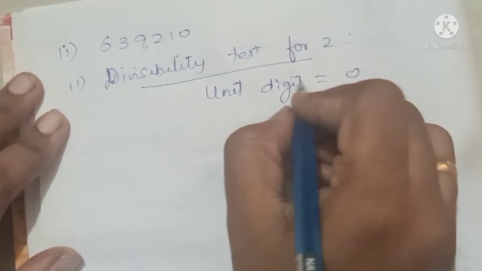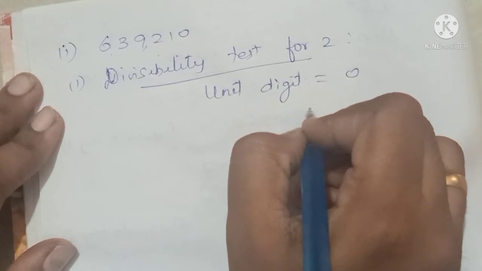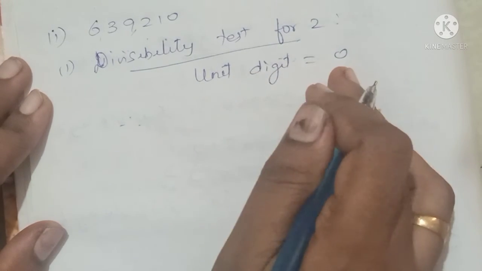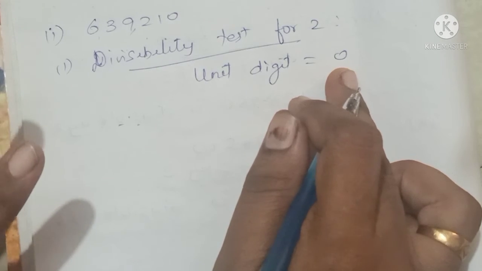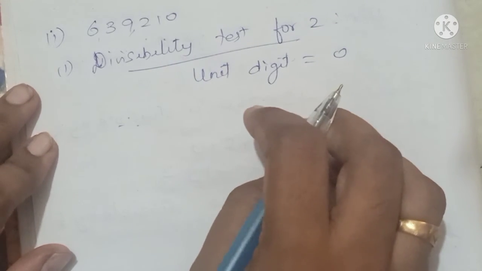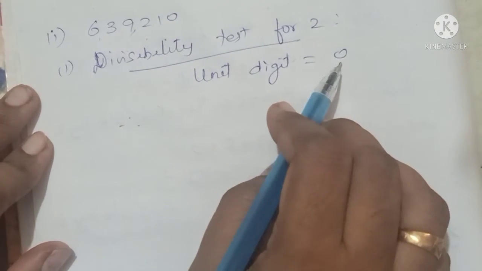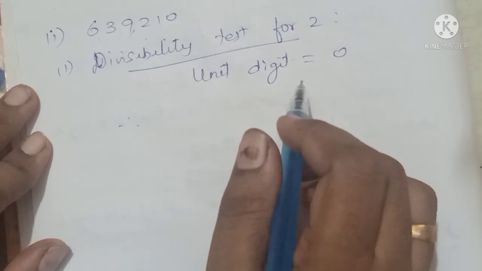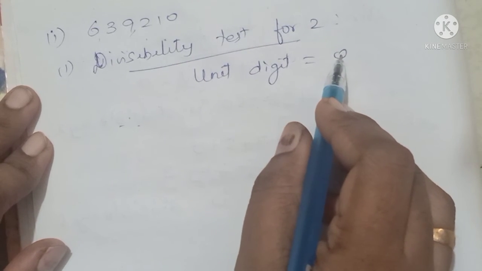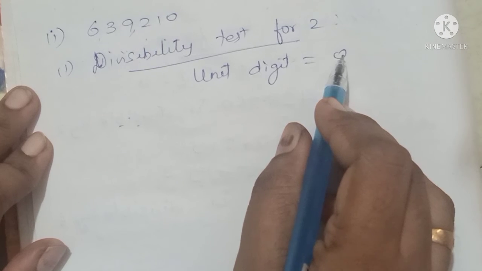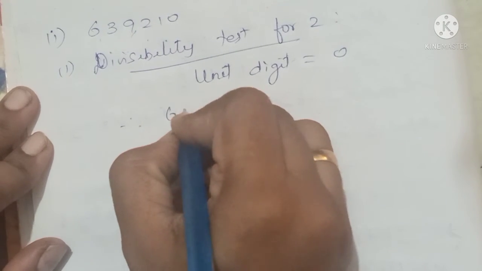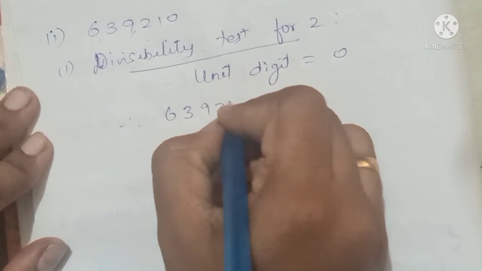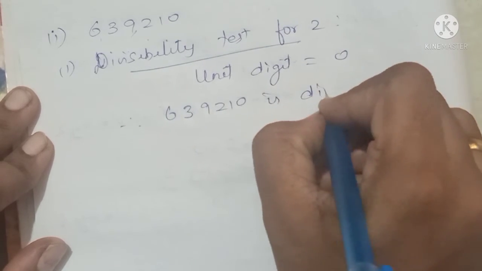So if the unit digit is 0, 2, 4, 6 or 8, the entire number is divisible by 2. Otherwise it is not divisible. We have 0 as the unit digit. Therefore we conclude that 6,39,210 is divisible by 2.